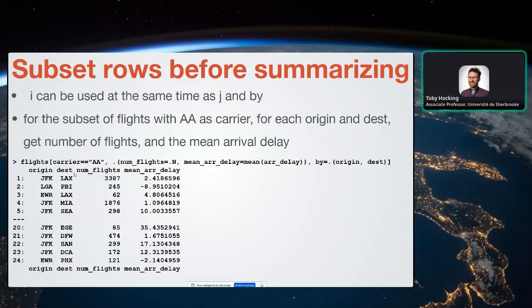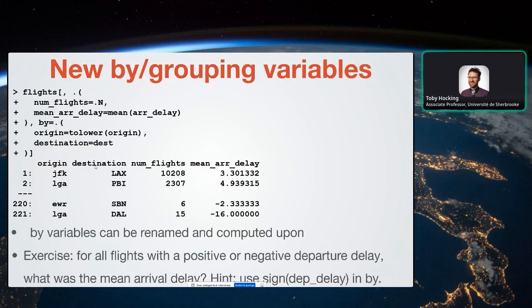So for example, here, if we wanted to subset on carrier equals AA, then compute for every unique combination of origin and destination the number of flights and the mean arrival delay. This is the resulting table. We get 24 resulting rows. Note that's a subset of the version that we had before where we did that computation, where we got 221 rows.